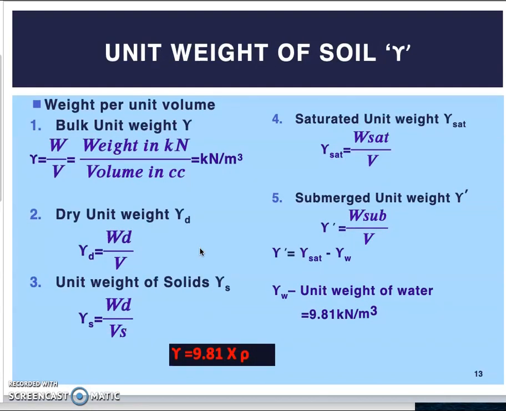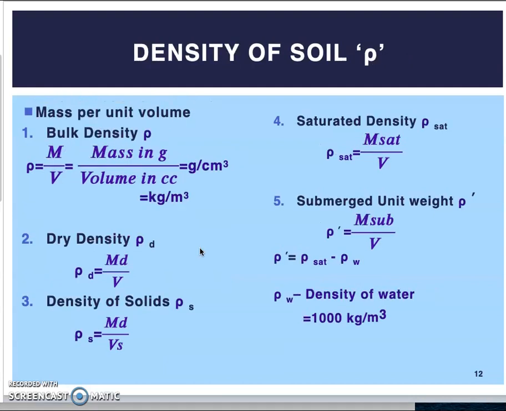Next is dry density. Dry density is given as rho d. Rho d is given as dry mass divided by volume. So you take the same mass, put it in oven, and then that mass divided by volume will give you the dry density.